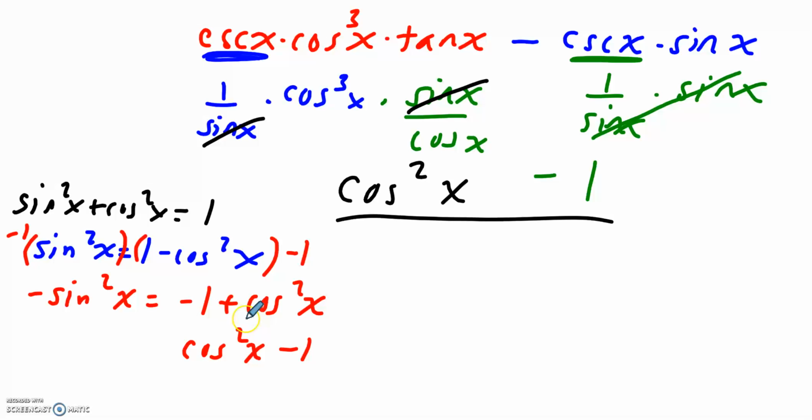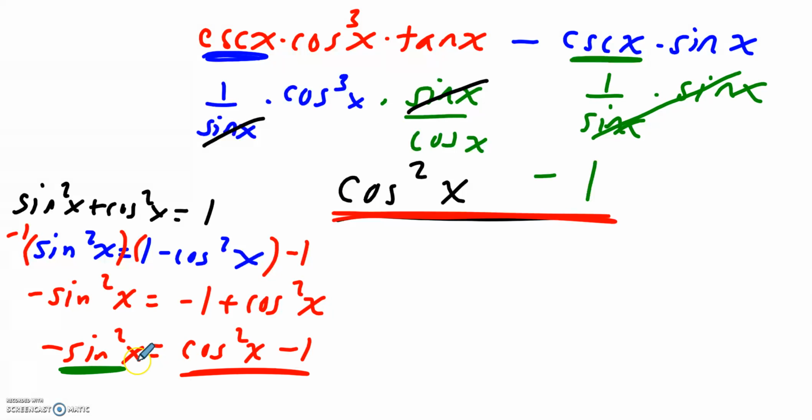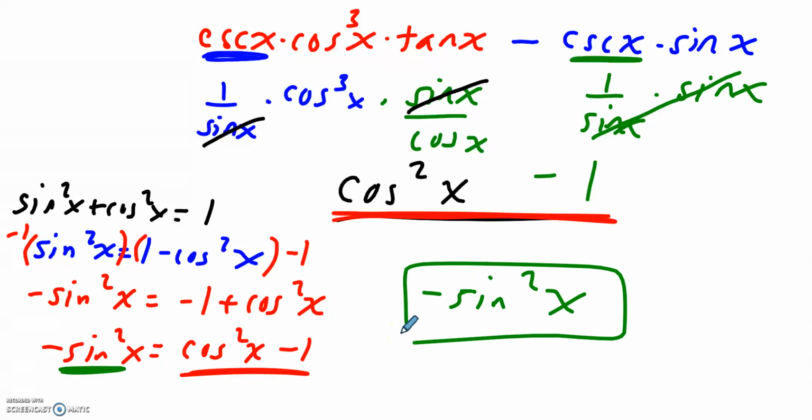So what I see now is that cosine squared x minus 1 is really the same as negative sine squared x. So this, yet again, reduced to a single trig function, this time negative sine squared x.